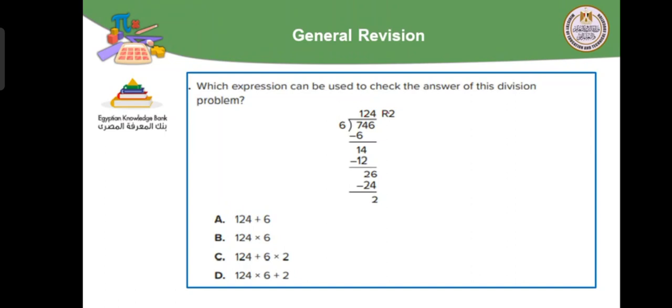So if I multiply 124 by 6, then add 2, I get the correct answer, and I get the dividend. So A or B or C or D is correct. Excellent. Number D, because I make 124 by 6, then add the remainder 2.